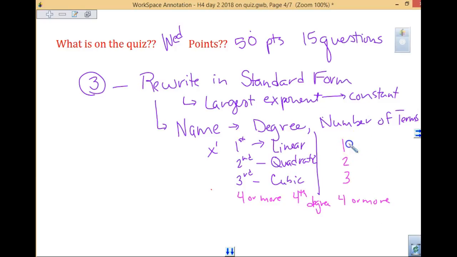So when we have 1 term, do you remember, Lainey, the name? Monomial. And Caden, if we were looking at 2 terms? Binomial.